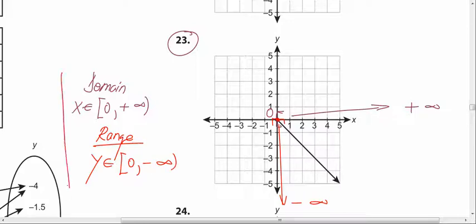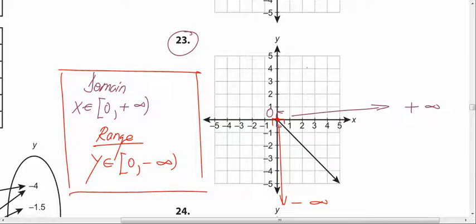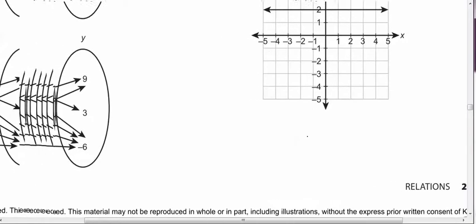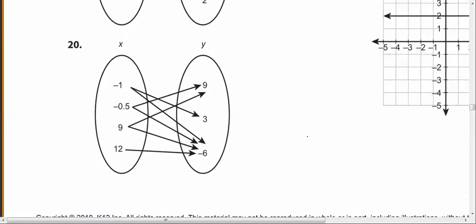Alright, this is one way to answer the question of what is the domain and range for this relation, for this graph. And I hope it makes sense. Okay, you have the diagrams here. You should be okay with that.